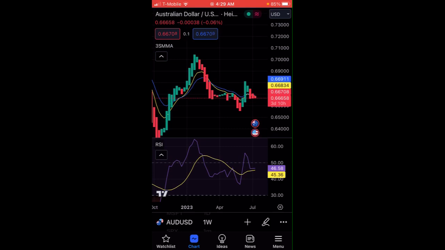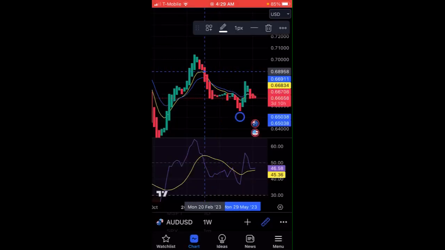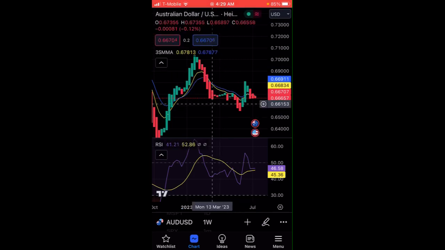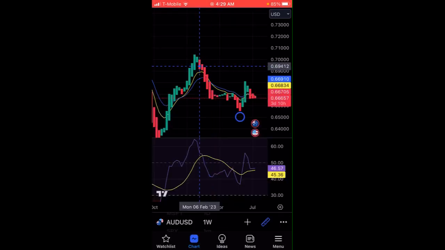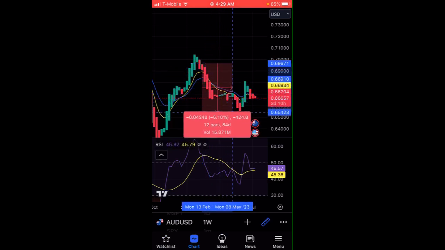So let's just look here at previous times, and just like everything else, you see it crossing here. Okay, so the last time it crossed was right here, February 13th. So if we came in right here, and we rode this out till the bottom here, this is a 4,000 pip move.